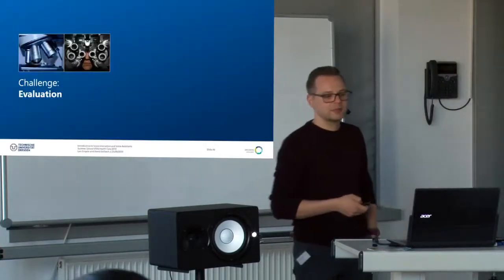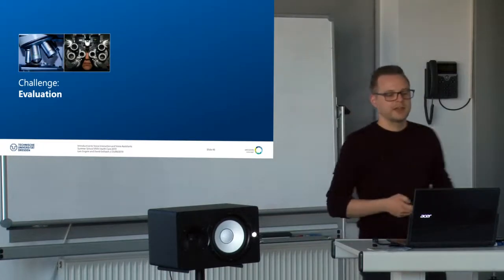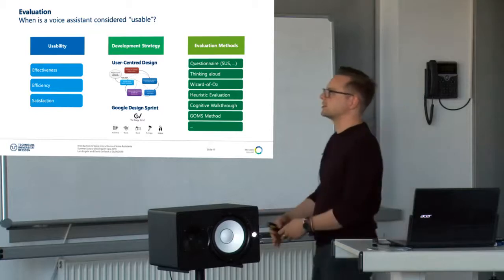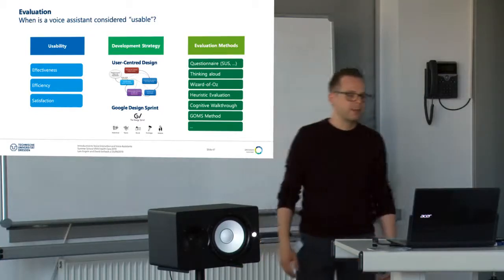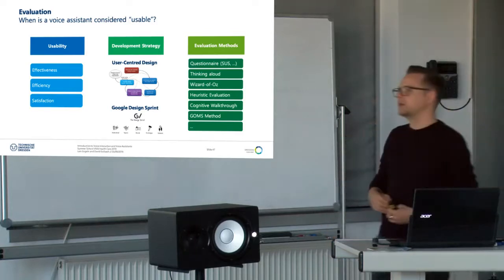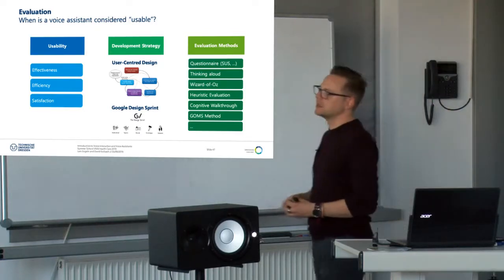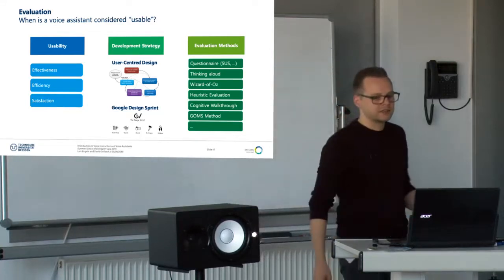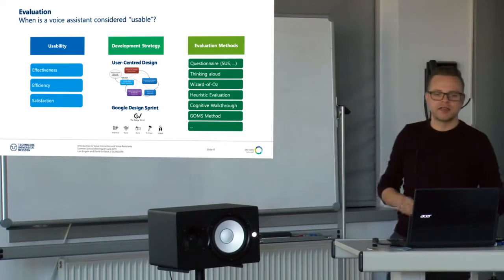And last but not least, the task of evaluation. How do we get to know if a system or a voice assistant is considered usable? Therefore, again, we need a certain kind of standard. We need to know what usability really means. It's basically the 3 aspects of effectiveness, efficiency, and satisfaction.